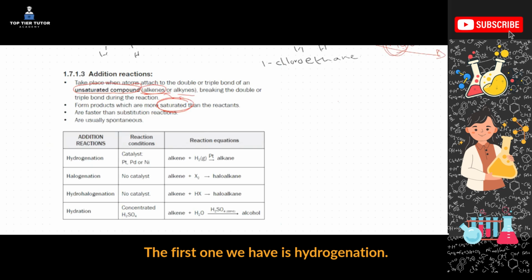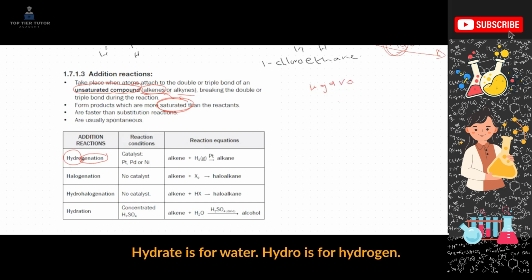The first one we have is hydrogenation. Again, the word genation just means to generate. What we focus on is the word hydro. Hydro stands for hydrogen. So please note the difference between hydro and hydrate. Hydrate is for water, hydro is for hydrogen. So for hydrogenation, implying we are going to add hydrogen, we will take an alkene and form an alkane.